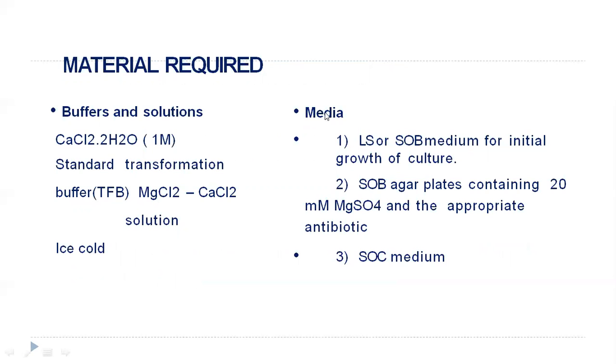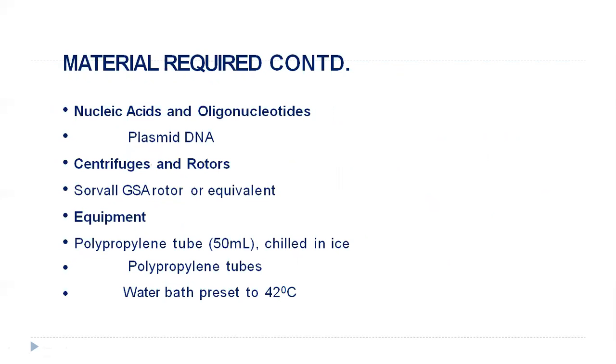You need to culture the transformants, meaning the transformed bacterial cells, in LB media, SOB media, or SOC media. LB, Luria Bertani, is the very popular media. It is not mentioned here, but you can prepare it for your experiment.